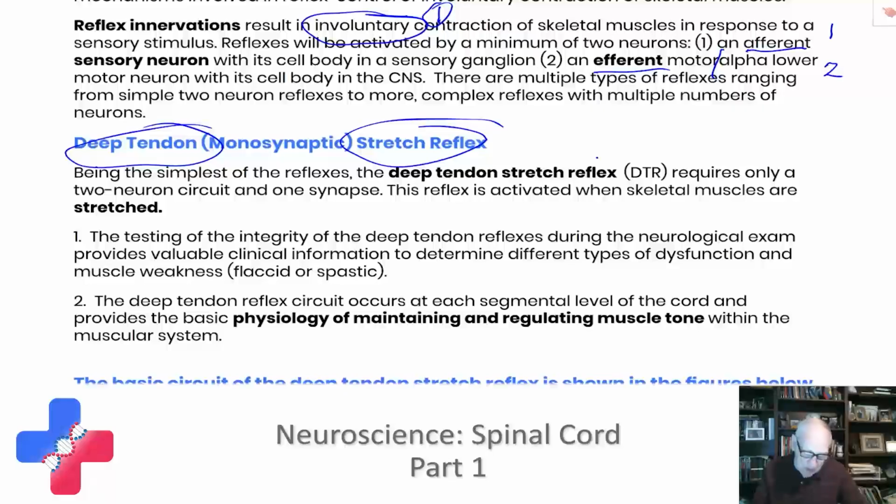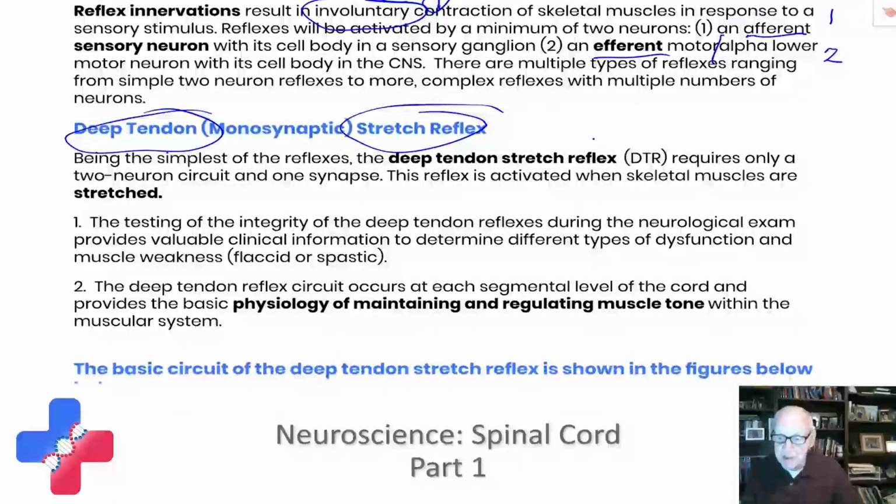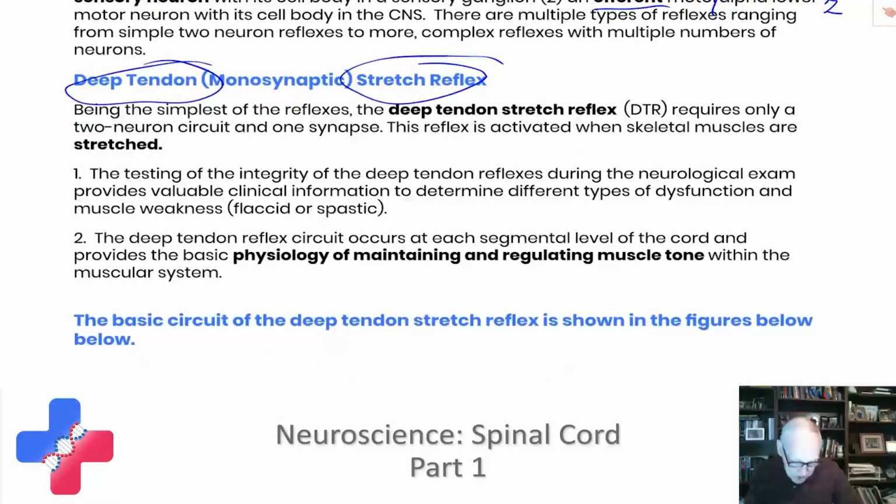Now, what's important about this reflex, I think in neurology, and you understand this, testing this reflex, as it says there in number 1, and testing the integrity of it and seeing what kind of response you get is a very critical piece of information to allow you to discern between a motor weakness being a lower motor neuron problem or an upper motor neuron problem.